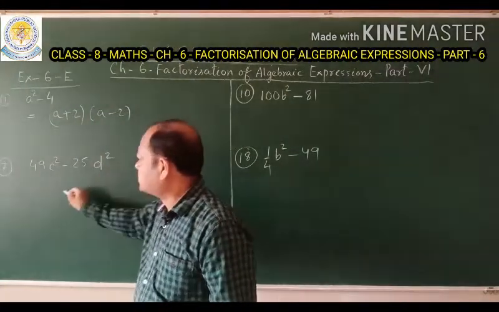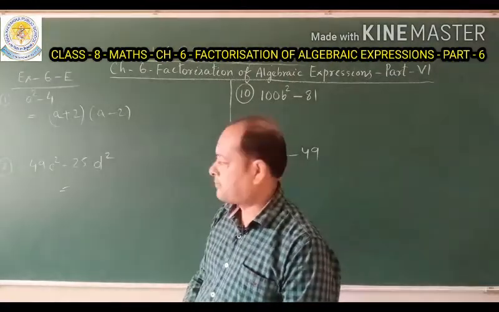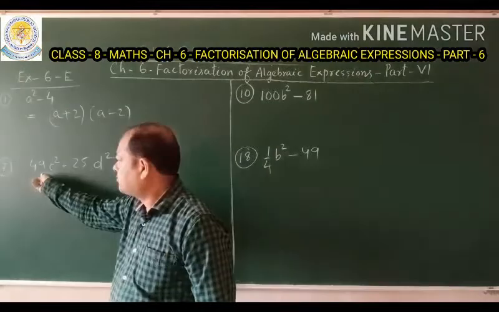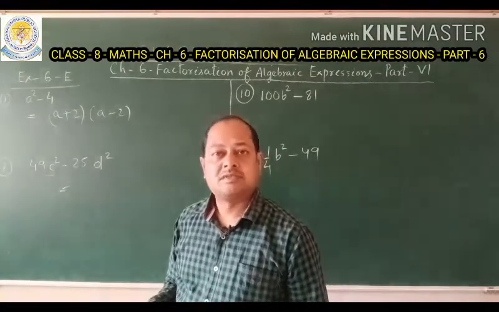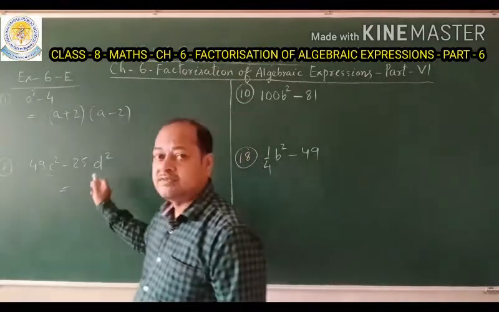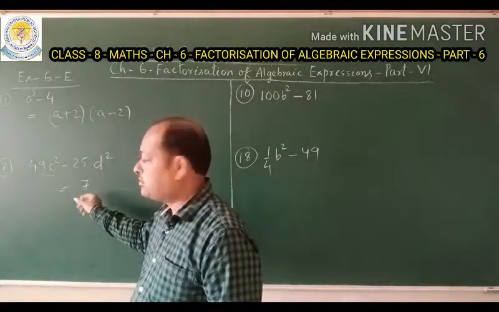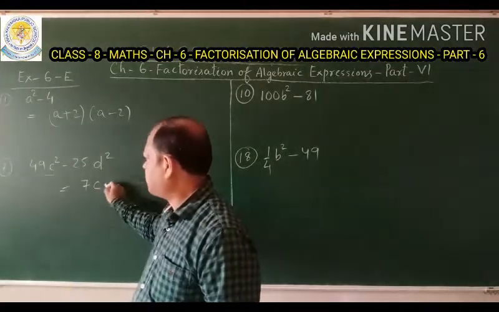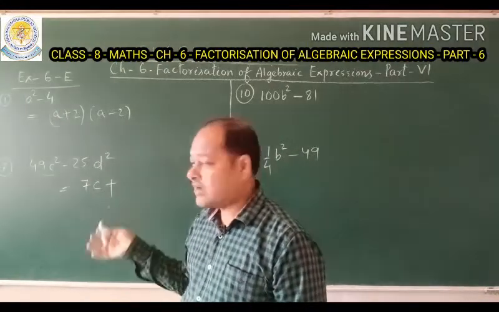Now look at this question here, 49c square minus 25d square. Here the first term is 49c square. 49 is the square of 7 and c square is the square of c. So what is the first term? The square root of 49c square will be 7c plus, and 25 is the square of 5.